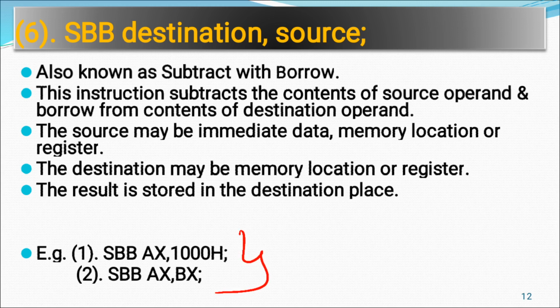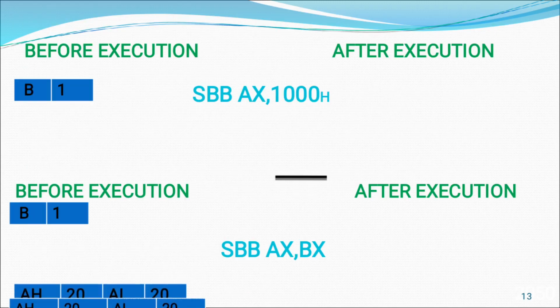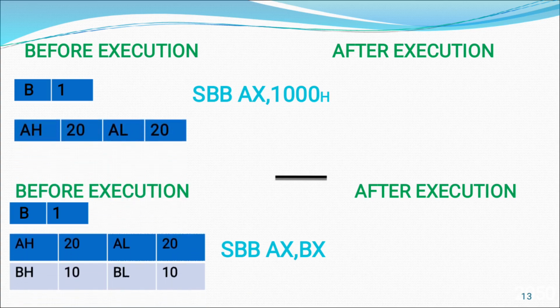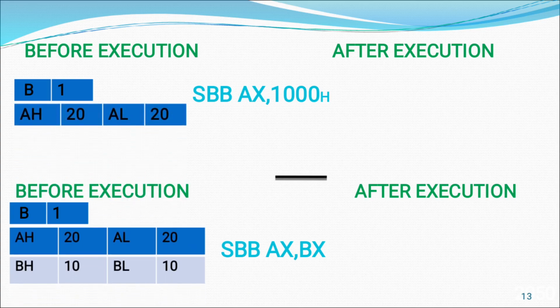Let us take this example, SBB AX comma 1000. Here the microprocessor will subtract the direct data 1000 from the content of AX, and then subtract the borrow from the result.